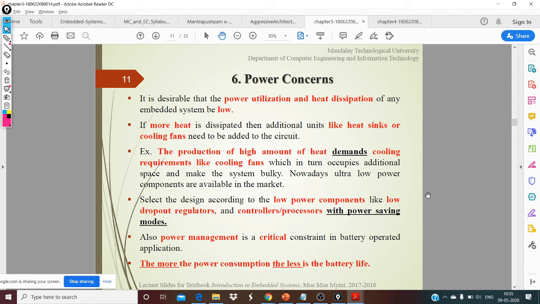Now in addition to that, there's one more point. When an embedded system dissipates more power, it means your battery is going to get drained faster. Think of your cell phone. It'll annoy you if you have to charge your cell phone once in 2 hours. You want to charge your cell phone only once a day, ideally, right?